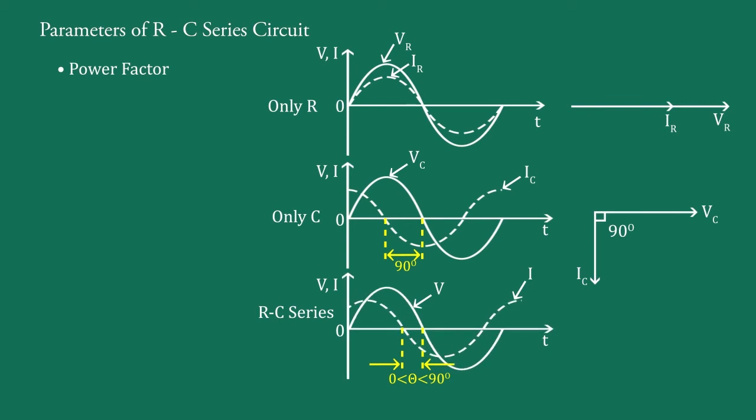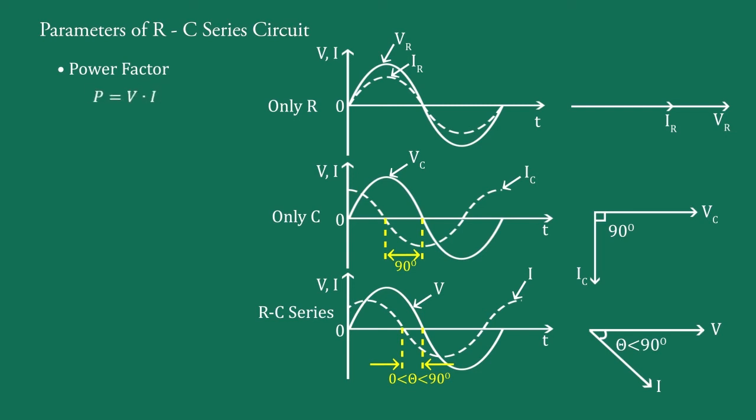And in this case, for series of R and C, the phase difference between current and voltage is in between 0 to 90 degree as indicated here. So we draw this current vector I at some angle greater than 0 but less than 90 degree.